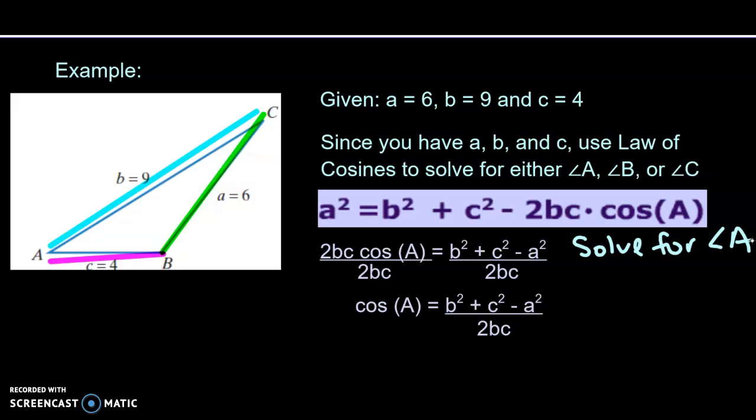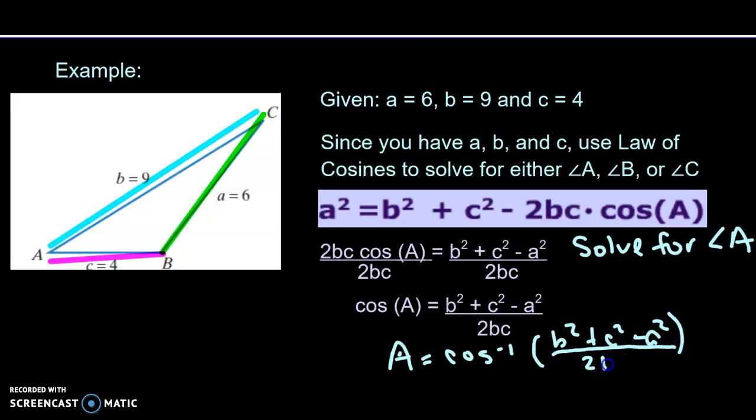And what do we do if we want to leave the cosine A by itself? Divide by 2bc. Then A is equal to cosine inverse of b squared plus c squared minus a squared, all over 2bc. That all needs to go in parentheses.